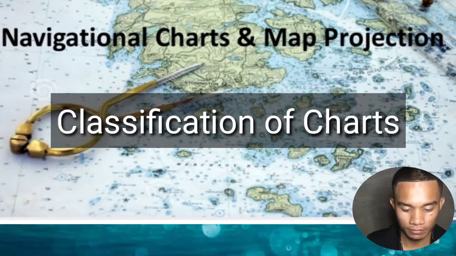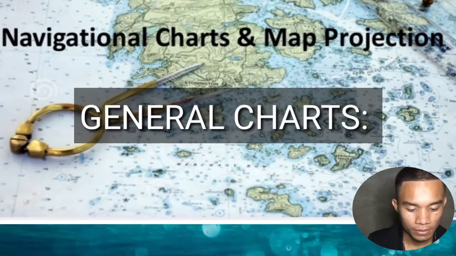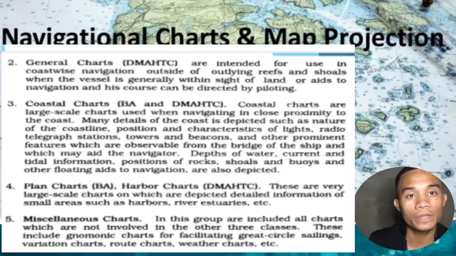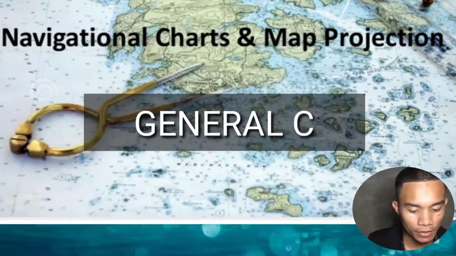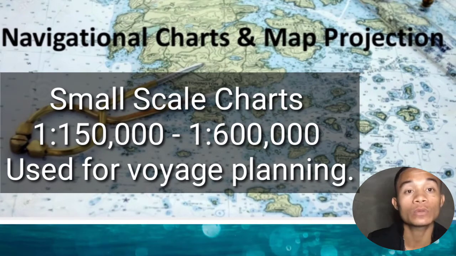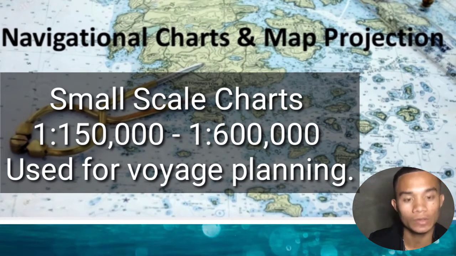Classification of charts. Ocean charts, sailing charts, general charts, coastal charts, harbor charts. General charts, small scale charts, are 1 to 150,000. 1 to 600,000 is used for voyage planning.